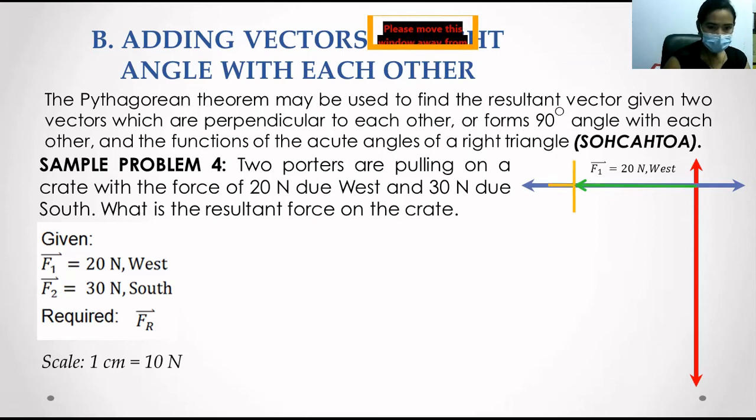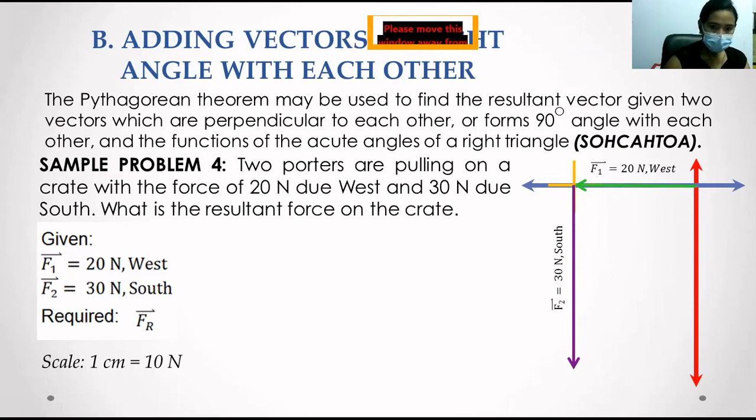Next, we will draw our direction guide at the tip of our first arrow, then draw our second vector arrow. That's 30 newtons south, or on your graphing paper, this would be 3 centimeters pointing south. So this is our second force of 30 newtons south.